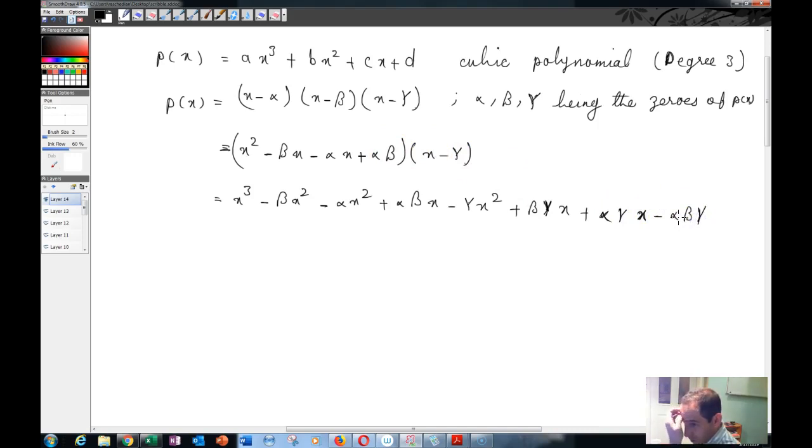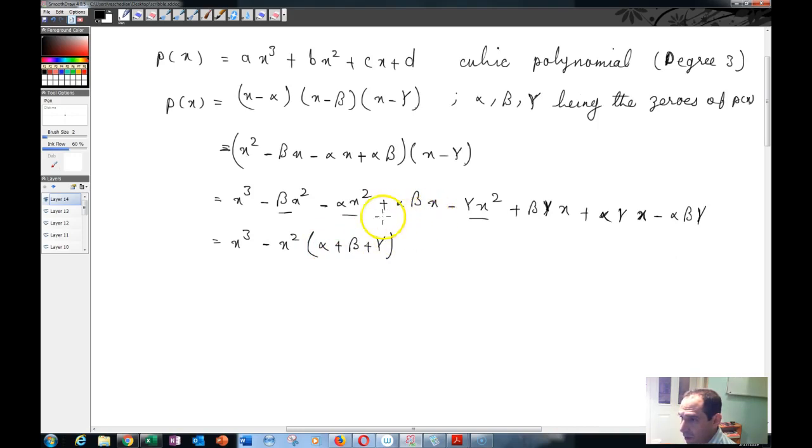Okay, and then you can write this as x cubed, and this is x squared. So that is negative beta x squared, negative alpha x squared, negative gamma x squared. I take a negative x squared out, and I write this as alpha plus beta plus gamma.